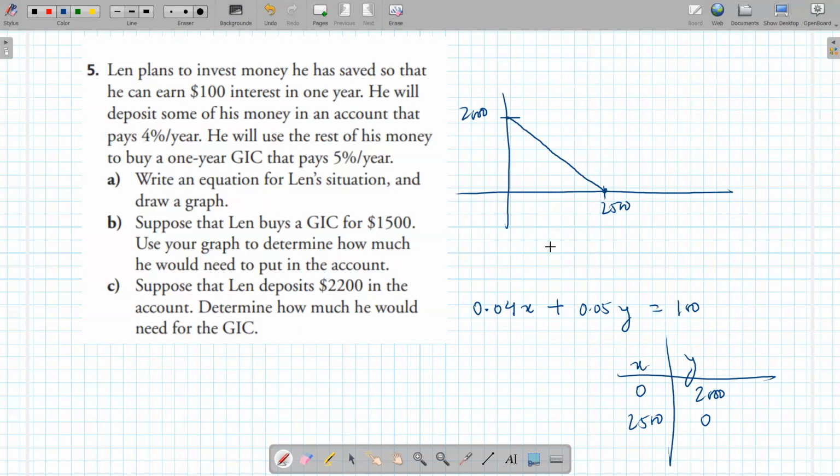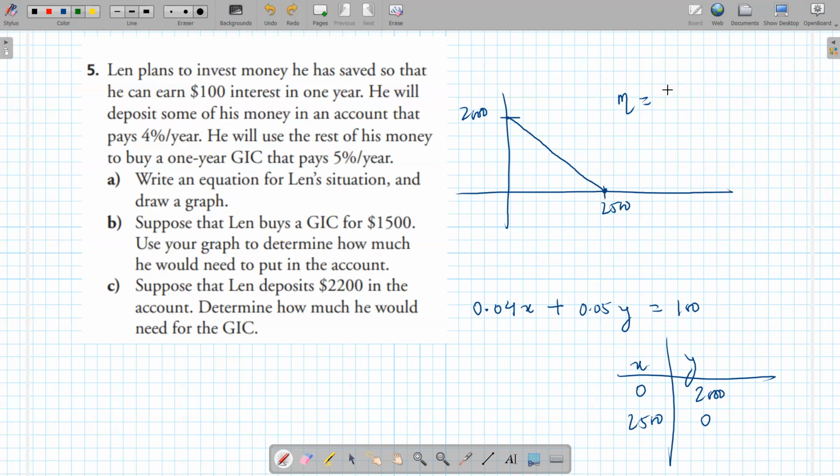Cool? What's the slope of this graph? From 2000, right? What's the rise here?